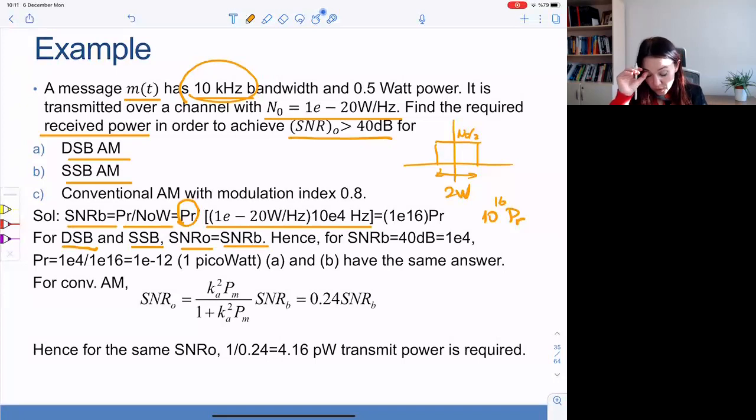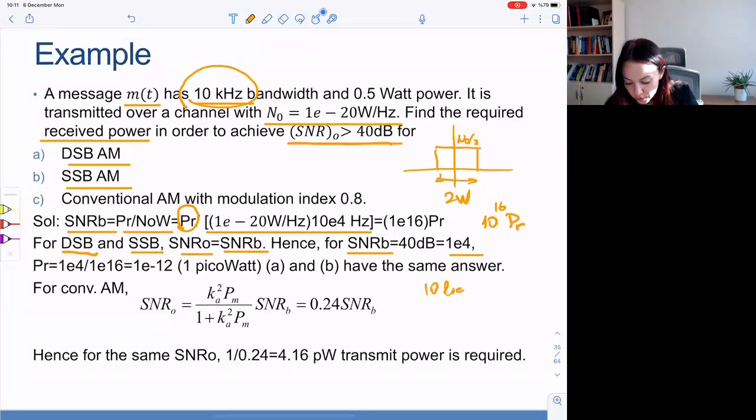So since output SNR is required to be bigger than 40 dB, input SNR is required to be bigger than 40 dB. That is, the lowest SNR acceptable is 10 to the 4. 40 dB is 10 to the 4. Why? Because 10 log 10 to the 4 is 40.